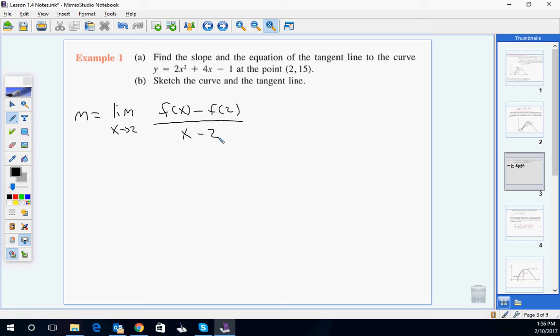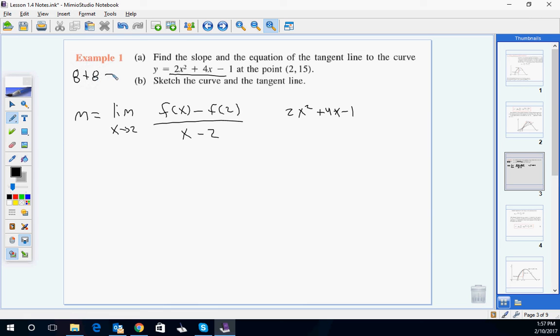So f of x is this. So I write that, 2x squared plus 4x minus 1. And then I have f of 2. So I plug a 2 in here, what do I get? You have to do that really quickly. So 2 squared is 4 times 2 is 8. So I get an 8 plus an 8 minus a 1.